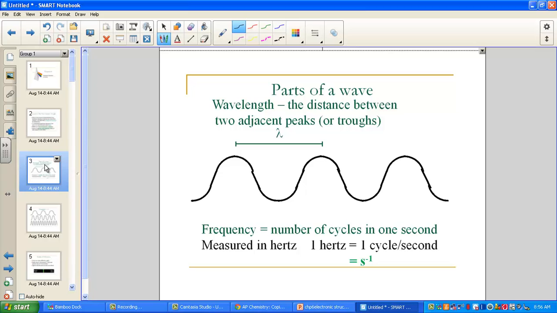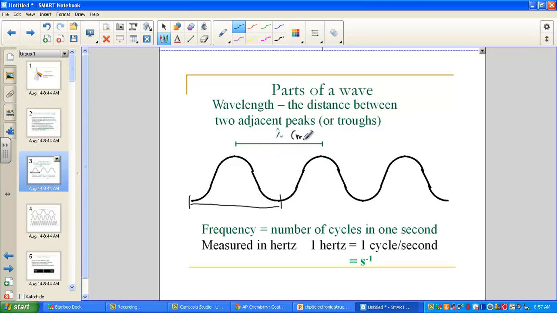Let's examine the parts of a wave. We'll take a cross-section of a wave and examine terms called the wavelength and the frequency. Notice the wavelength, one wavelength, measured either from the trough to the trough or from the crest to the crest.